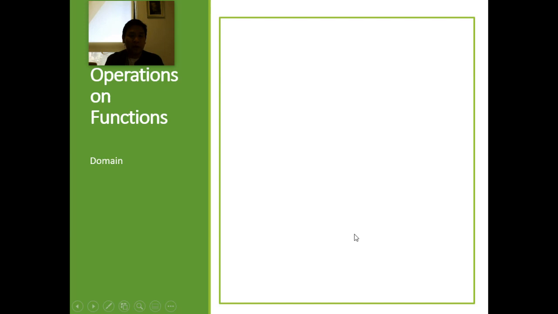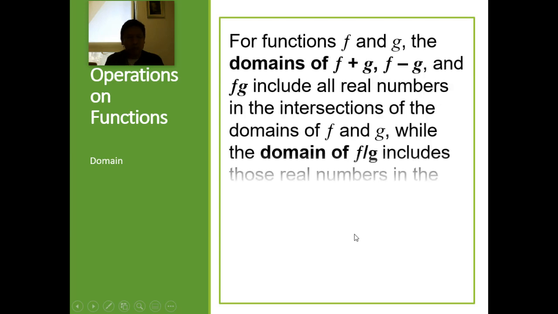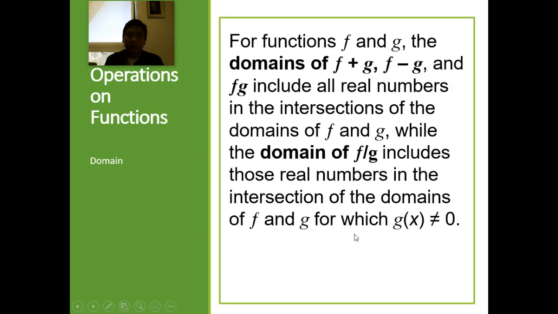Now, since we're operating on functions to come up with new ones, of course, the domain should be taken into consideration. Since we may come up with a new function sometimes, we can get the same exact function.